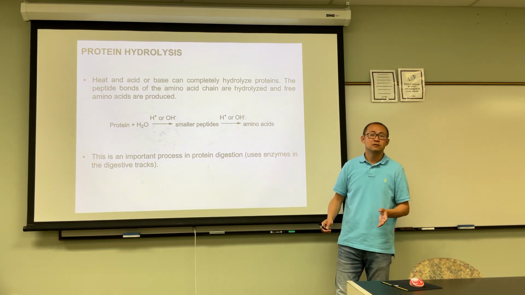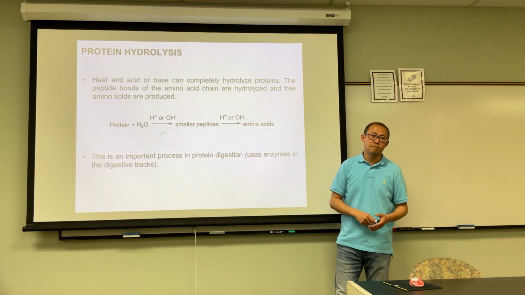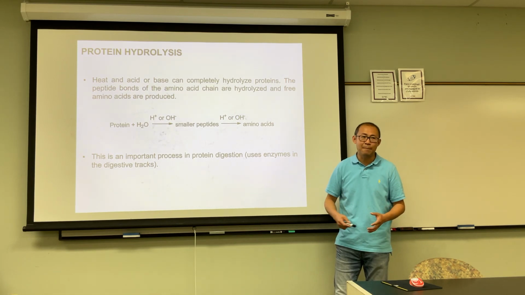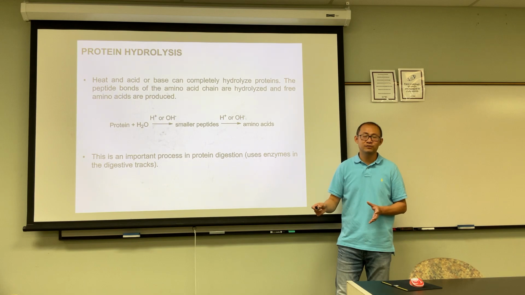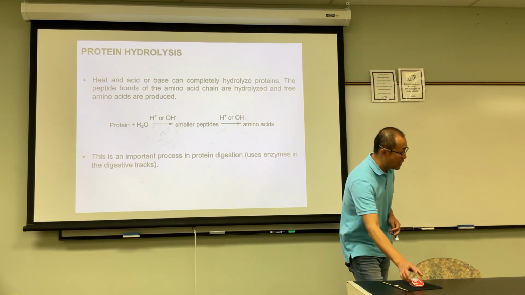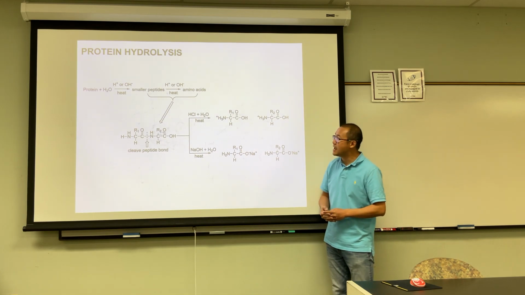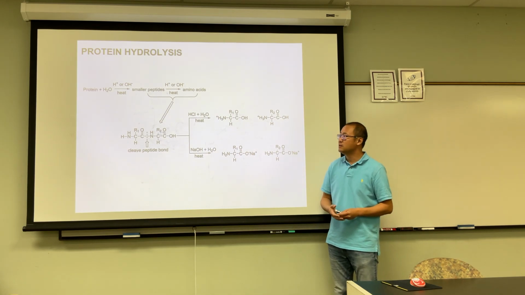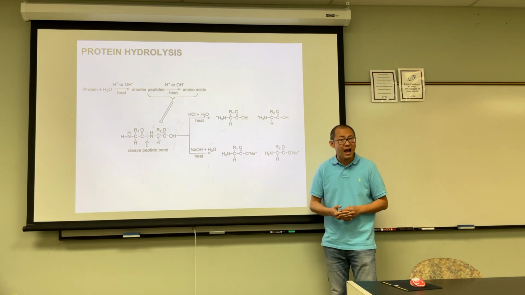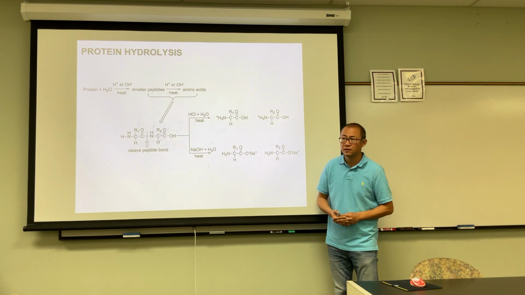Of course, this process needs a lot of enzymes, mostly digestive enzymes, so that the reaction can happen in a very mild condition, in our physiological conditions. But if you were to hydrolyze a protein, or mostly a peptide, in the lab, you need extreme conditions.